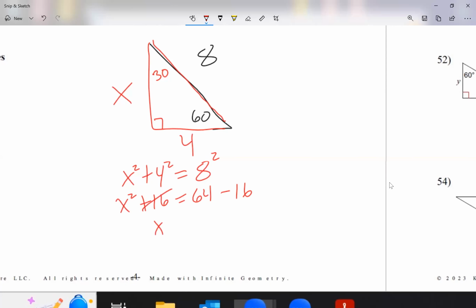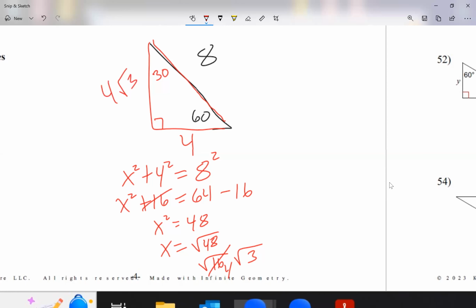So I get that x squared is equal to 48. That means x must be the square root of 48. Now I want to break this as 16 times 3, because I know the square root of 16 is 4. So I just found out that this other side is 4 radical 3. Right? I found it using Pythagorean theorem.